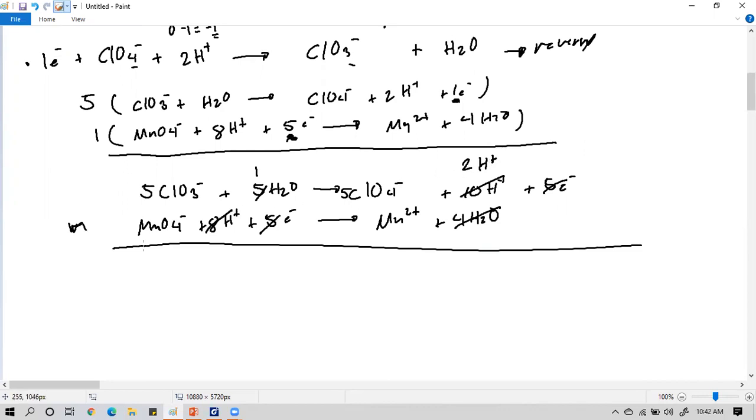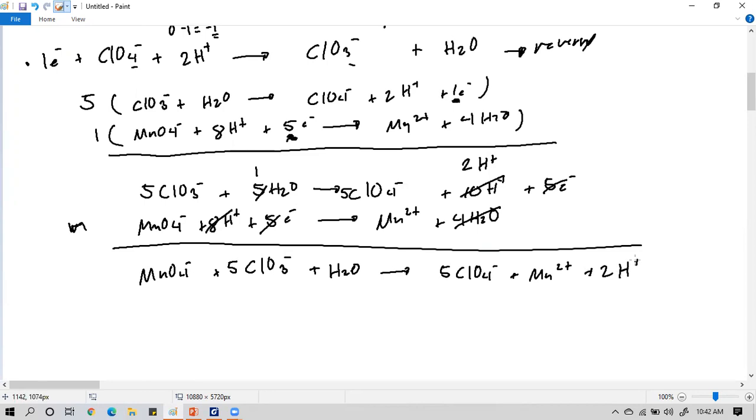Okay? So the overall reaction for this, ang balanced half cell reaction niya will be manganate plus 5 ClO3 or chloride, hypochlorite, plus H2O equals 5 perchlorate plus manganese plus 2H positive.